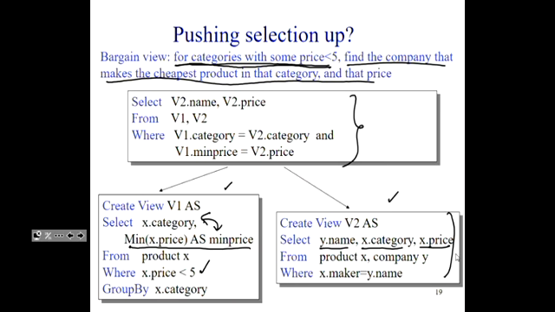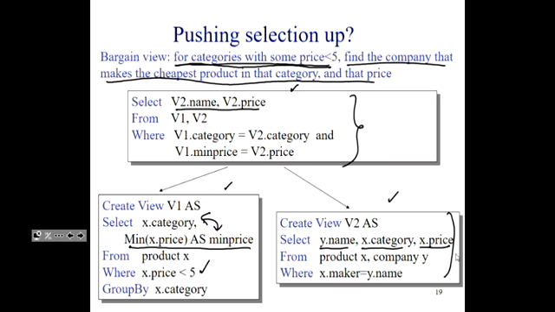On the right hand side I'm finding combinations of company, category and price. And eventually in this join I'm trying to relate these two. So I'm taking the results of both of these views and then finding the company that makes the cheapest product in the category along with the price. I know this is a little complicated to understand, but hopefully you get the general sense.